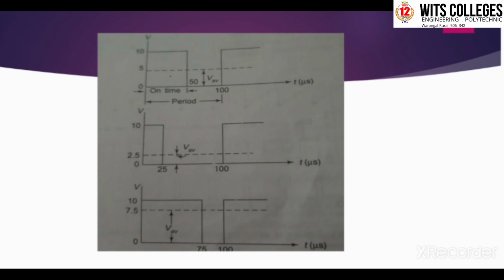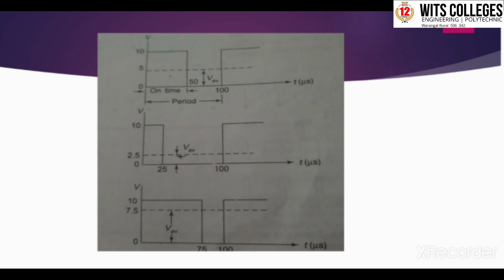In the second diagram, the pulse width is increased. As the load increases, the output voltage tends to fall.